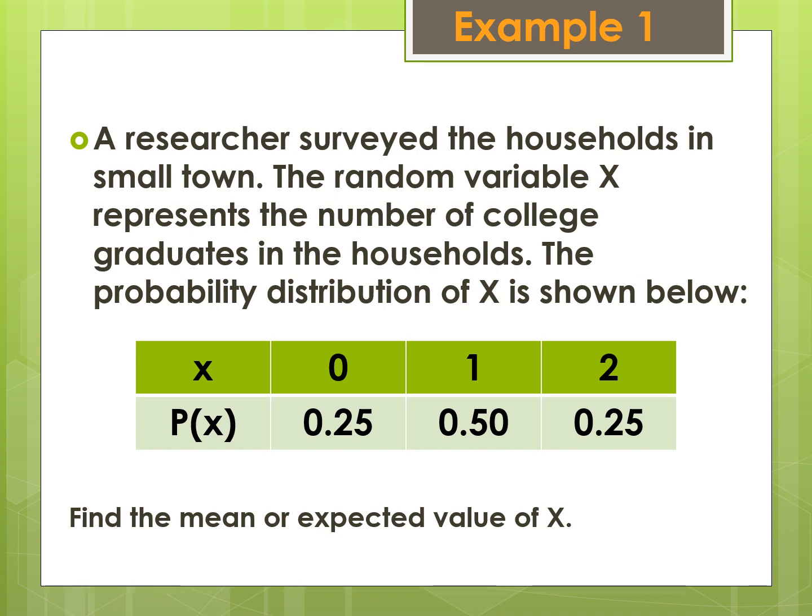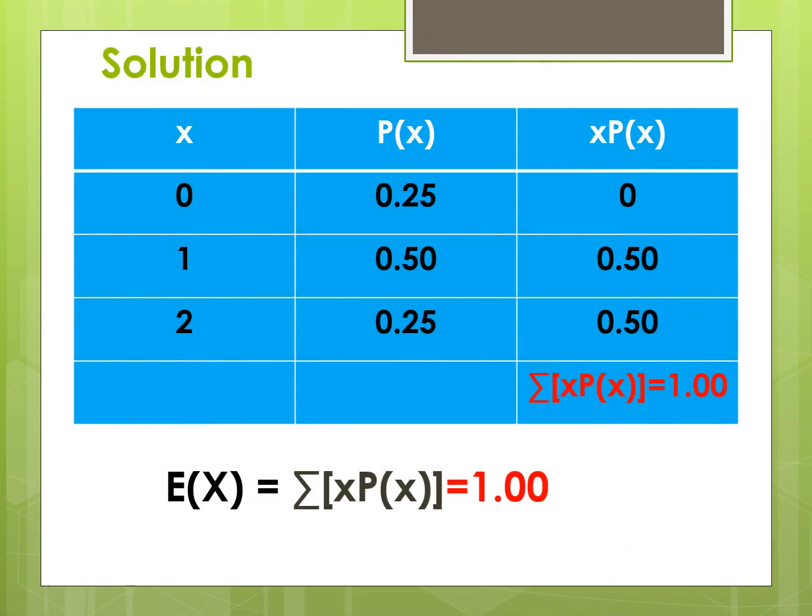So in finding the mean or expected value of x, we'll have the following solution. As you can see, we have three columns here. The first column has the values of x, then the values of their corresponding probabilities, and then just multiply.